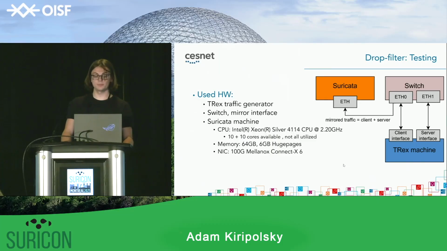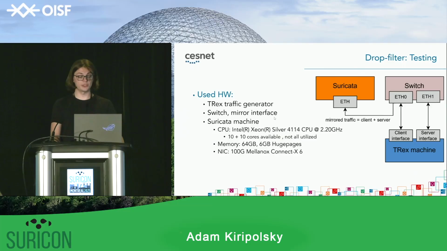As for the testing, we had a lab setup as follows. We had a TRex traffic generator for generating the traffic. We had a switch which had one mirror port. As you can see on the diagram, the switch mirrors one specific port, which sends both ingress and egress traffic into Suricata, so we can see both the client and server side of the traffic.